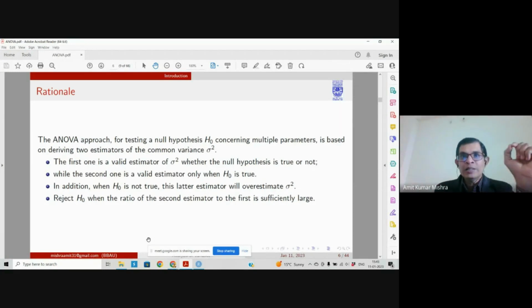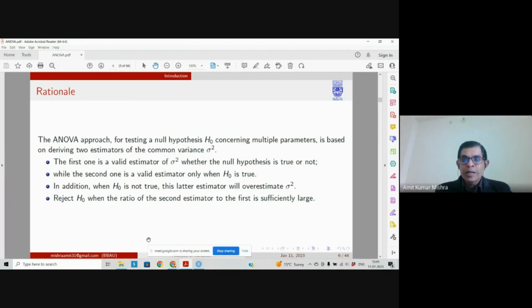So if you take the ratio of the second estimator, the numerator, to the first estimator, the denominator, then if your null hypothesis is not true, the numerator will be bigger than the denominator. That means this ratio will be bigger than 1.